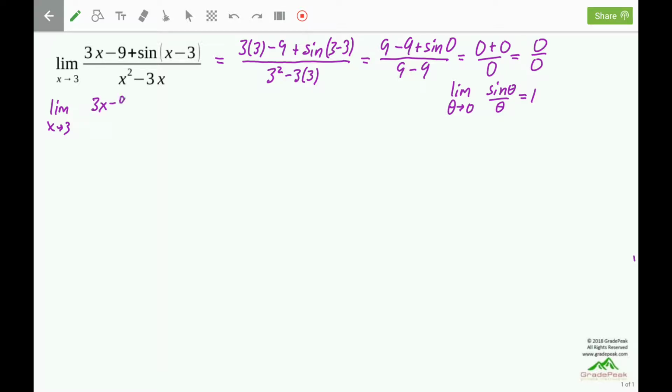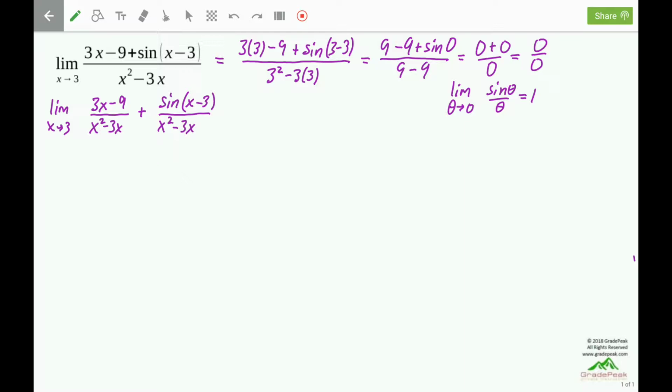So we will have 3x minus 9 divided by x squared minus 3x, plus sine of x minus 3 divided by x squared minus 3x.